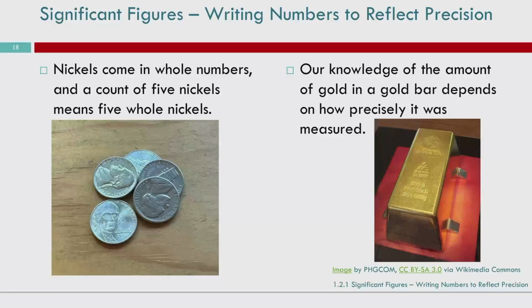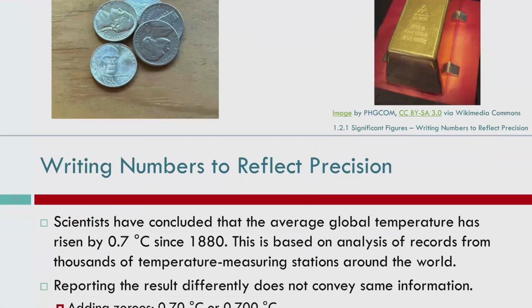Those two values are quite different. It would also be inaccurate to say it's pure gold because there's probably a little bit of something in there that's not gold. So in these instances, we really care about how precisely we measure the quality of the gold, because it can make a big difference.